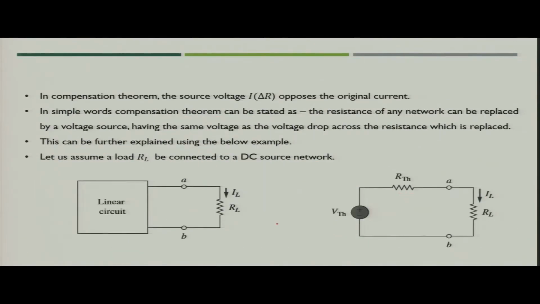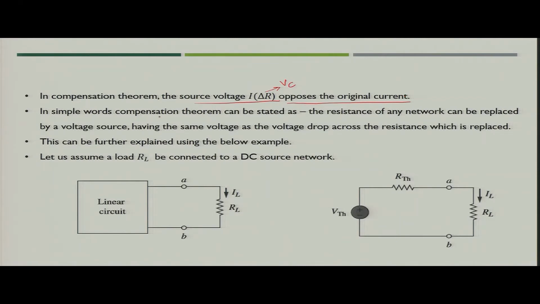Now, let us understand and justify what we have discussed till now. The compensation theorem will give you the value of voltage source I delta R, that is nothing but the value Vc which we have seen, and the orientation would be in such a way that it will oppose the original current.